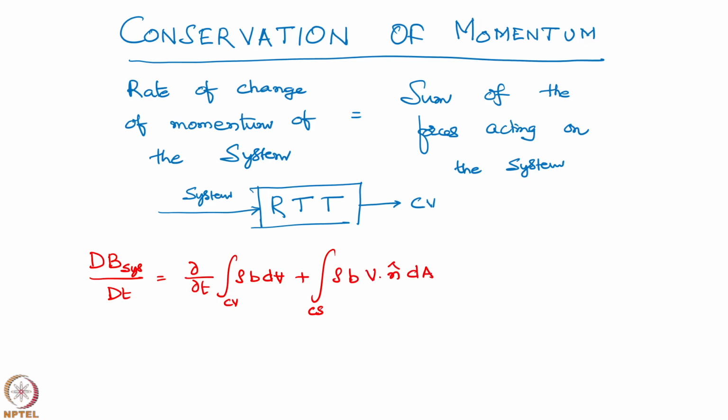Now, here for conservation of momentum, B will be mass into velocity, mass flow rate into velocity will become the momentum.